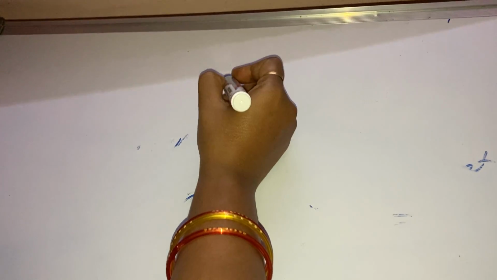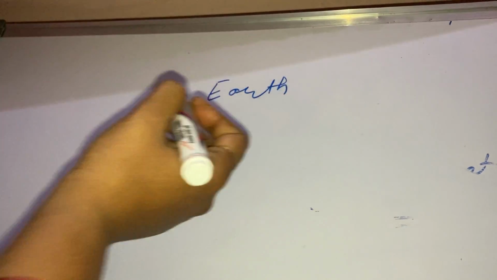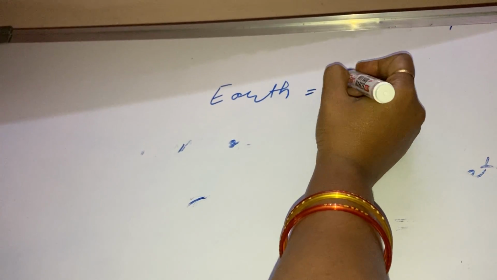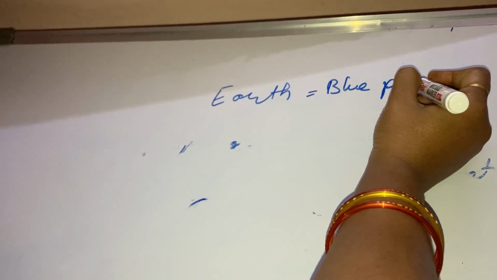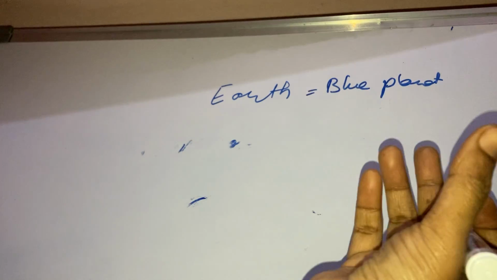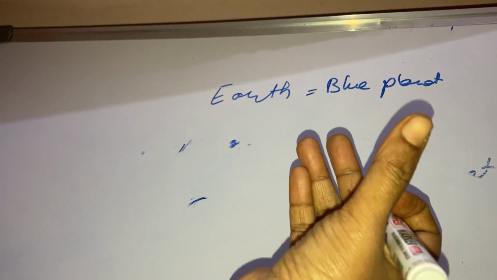Coming to Earth. Earth is called the blue planet, and it is the densest of all planets. What does it mean to have more density?